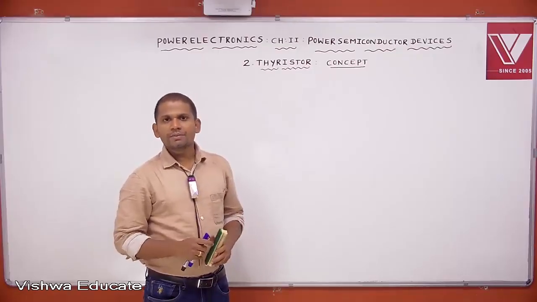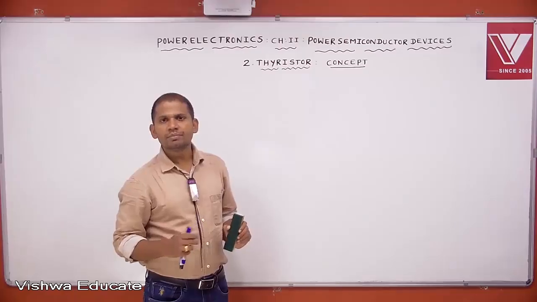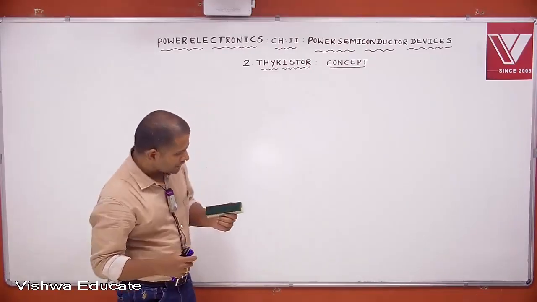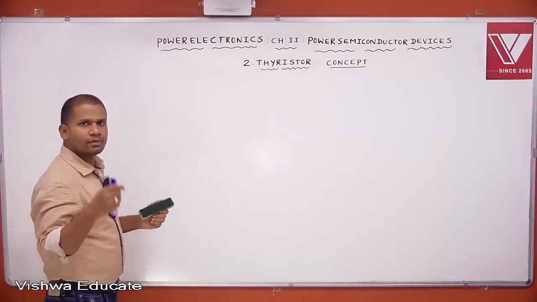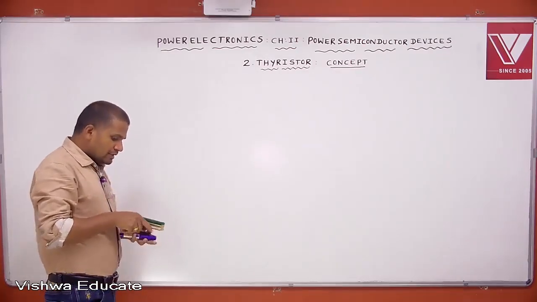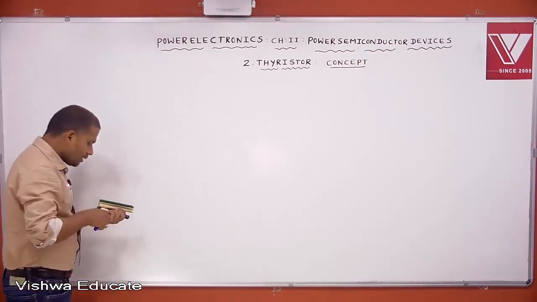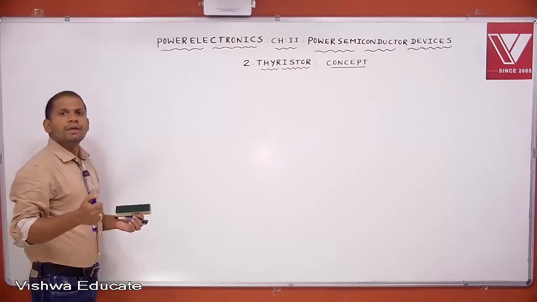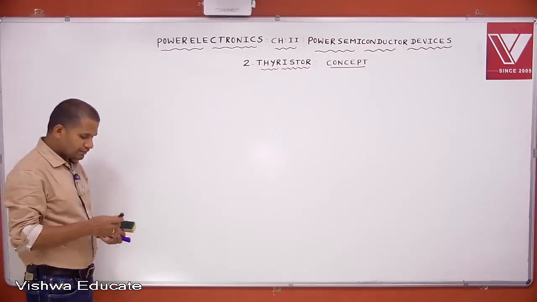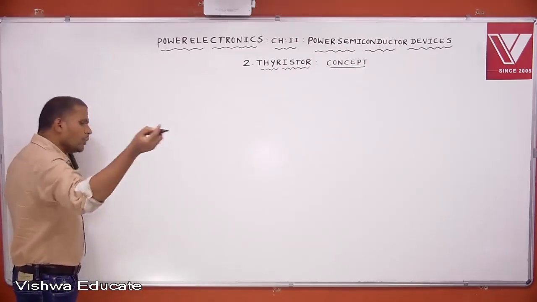Now another concept I want to discuss in detail is series and parallel connection. In the detailed discussion of series connection, as a continuation, I told that even though SCRs have the same rating and same specifications, practically SCRs are not blocking the same voltage because of unequal voltage distribution.